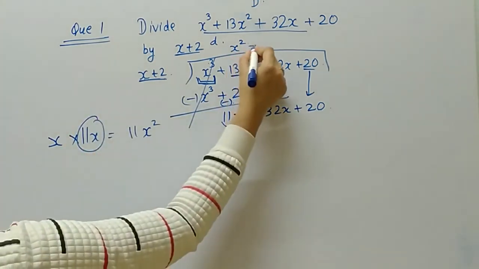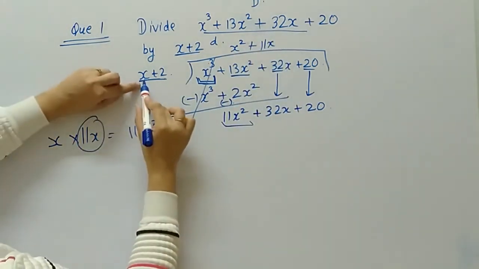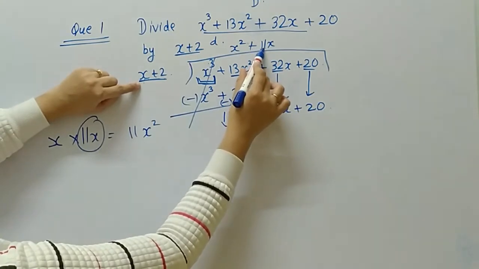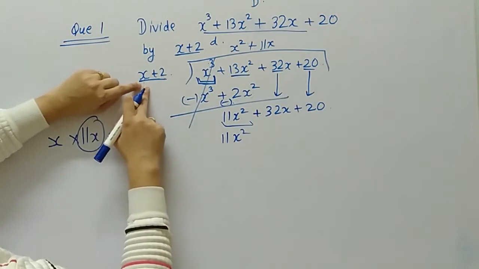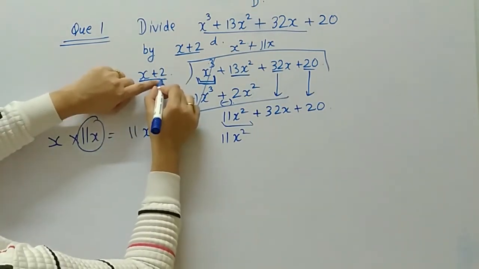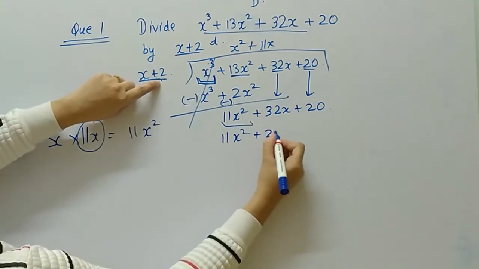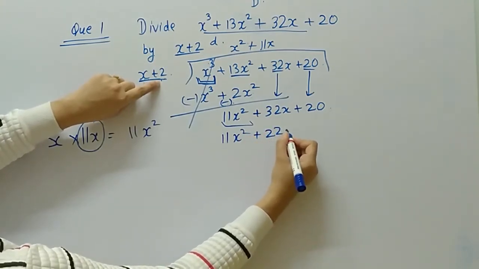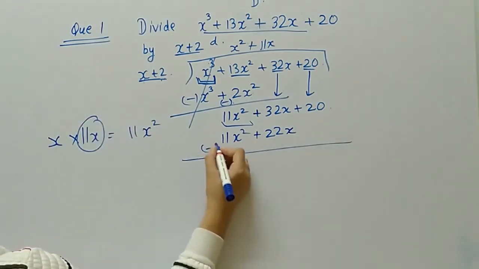So now we will write plus 11x. Now when plus 2 is multiplied by plus 11x, we will get plus 22x.